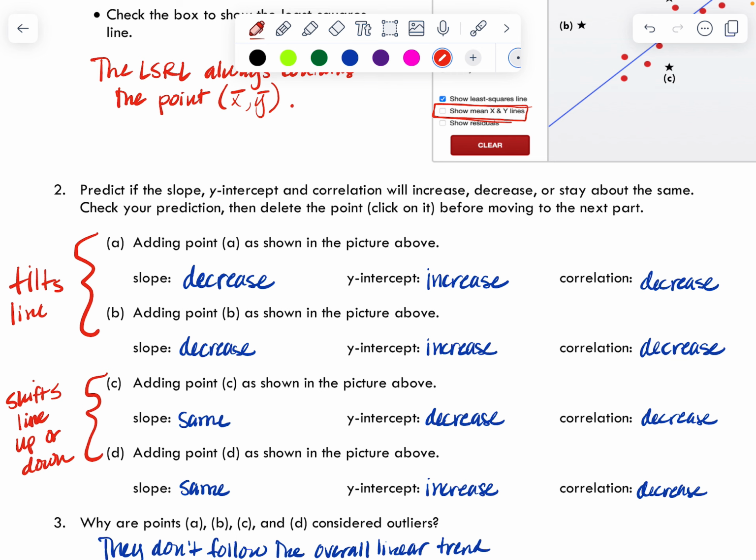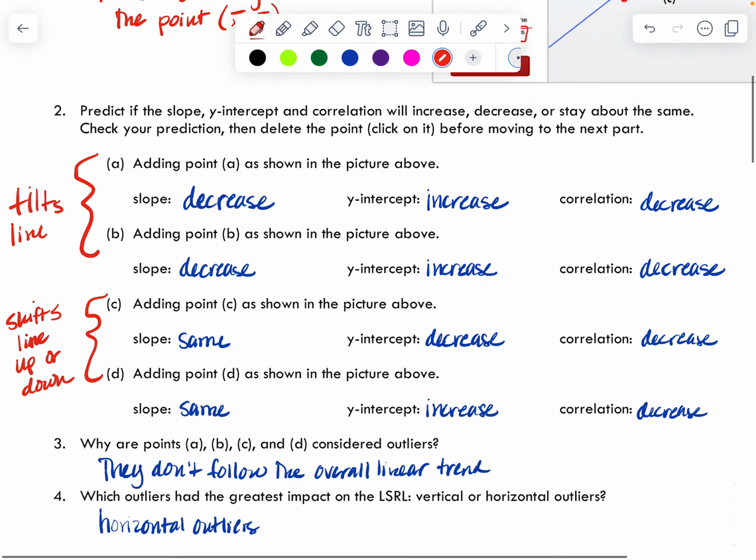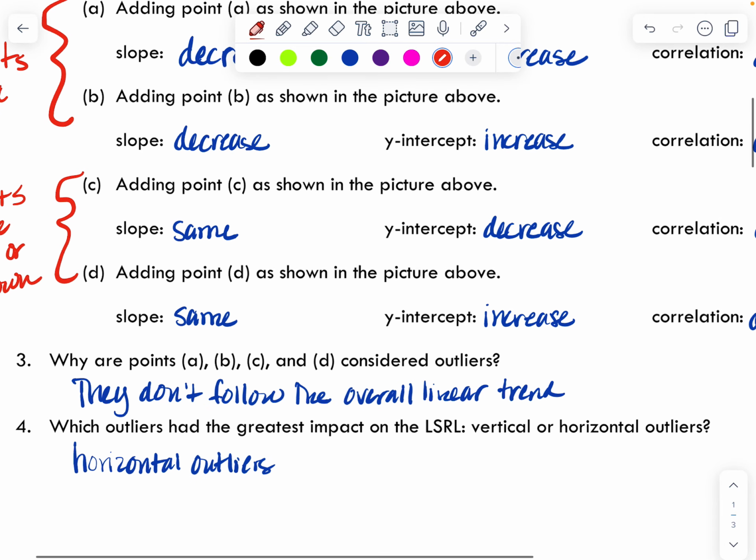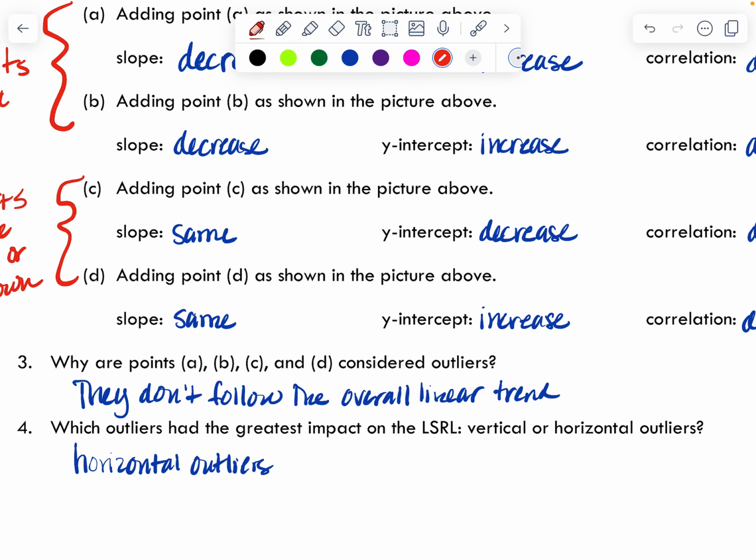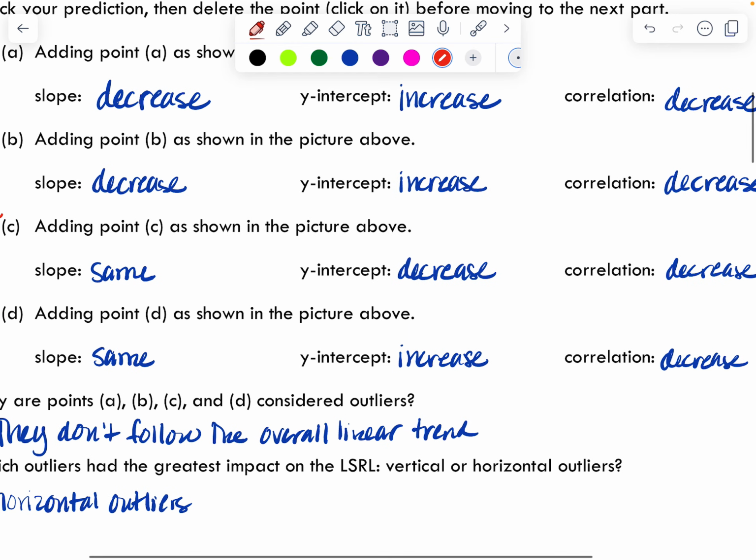Okay. All right. So question 3 says, why are points A, B, C, and D considered outliers? The main reason here is that they don't follow the overall linear trend. They are outside the general pattern, and they also have large residuals.